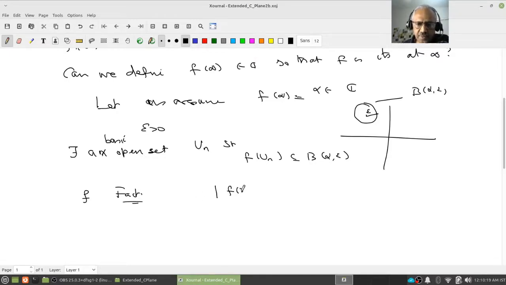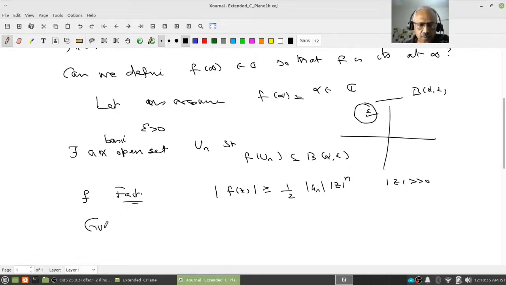Recall the following fact. We know that mod f of z is greater than or equal to half of mod a_n z to the power n for mod z very large. But the observation we need is the following.